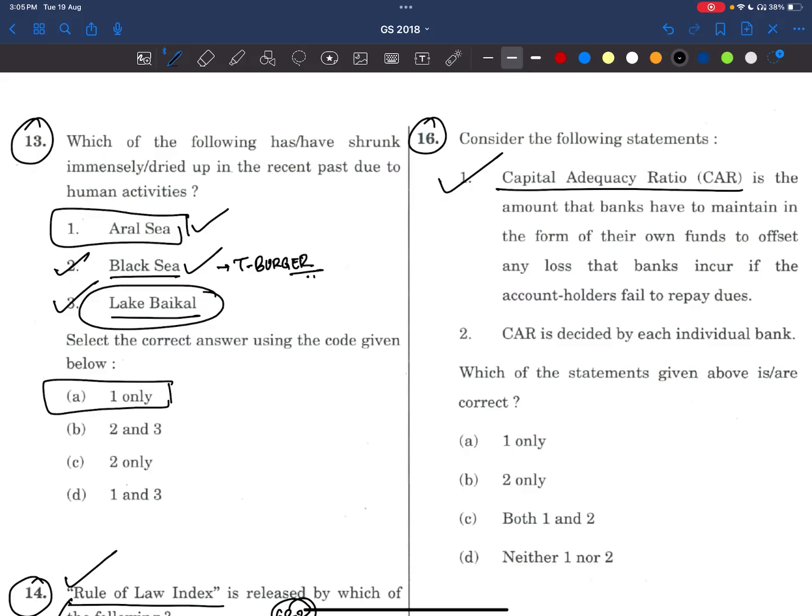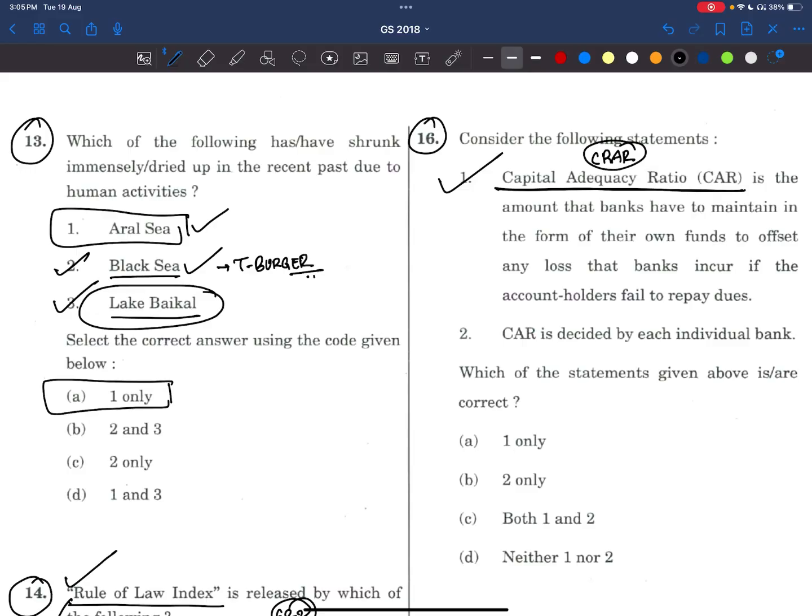It is also called CRAR, capital to risk weighted assets ratio. Please remember this, they both are one and the same. This is to maintain the stability and also efficiency in the financial system. So banks cannot lend as much as possible to the people. They should maintain some cash with them.